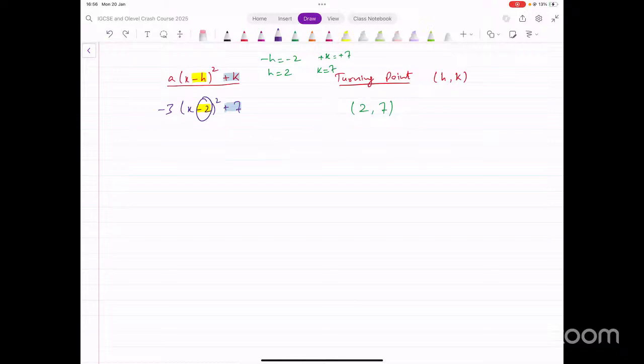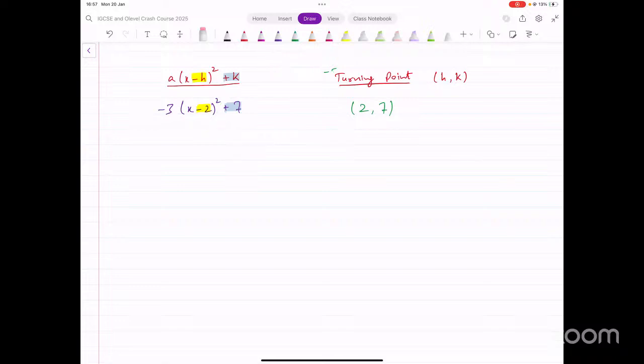So if we have minus 2 inside, the turning point is going to be 2. The x coordinate of the turning point is going to be 2. If we have plus 7 here, the y coordinate is going to be the same sign because this is plus k. Since h has a negative sign with it, when you write down the x coordinate using this number, the sign of that number is going to change. If the number inside is negative, the x coordinate is going to be positive. For k, the number remains the same.